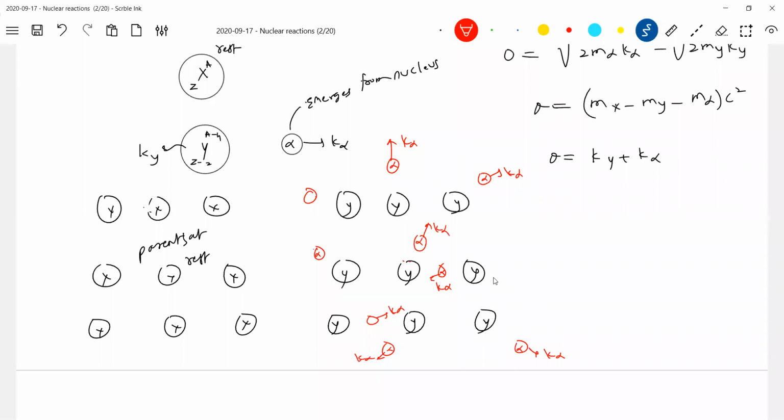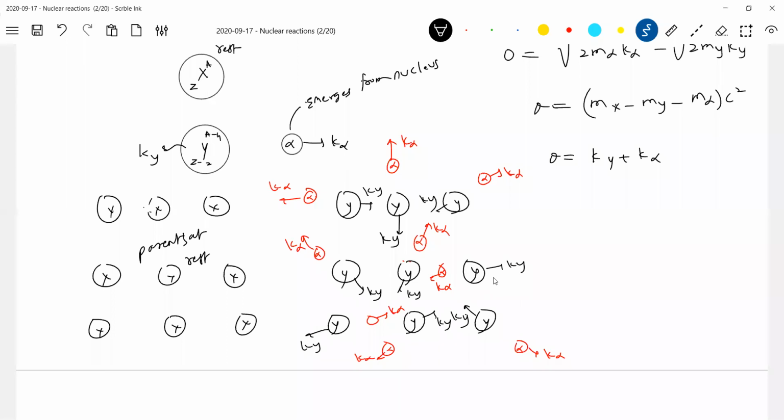They may ask you some diagrams like this, so be careful, everyone. Okay, this will be K Y. Actually, we have to show momentum, so I'm just showing it. The kinetic energy of all these alpha particles will be the same.